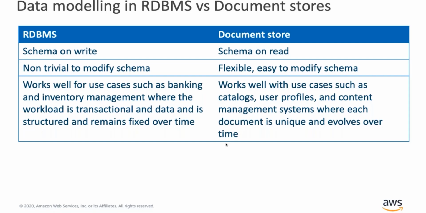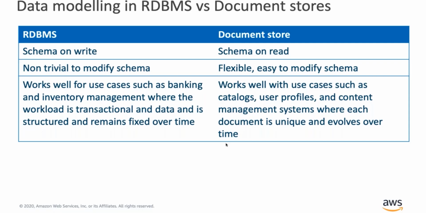For instance, if you're looking for a data store where you know your schema beforehand, before you insert your data into your database, then a relational database is probably fine for you because a relational database is schema on write. What this means is it's not trivial in a relational database to modify a schema, which is fine if you're working with a banking application or an inventory management application where the workload is transactional and the data is structured and remains fixed over time.